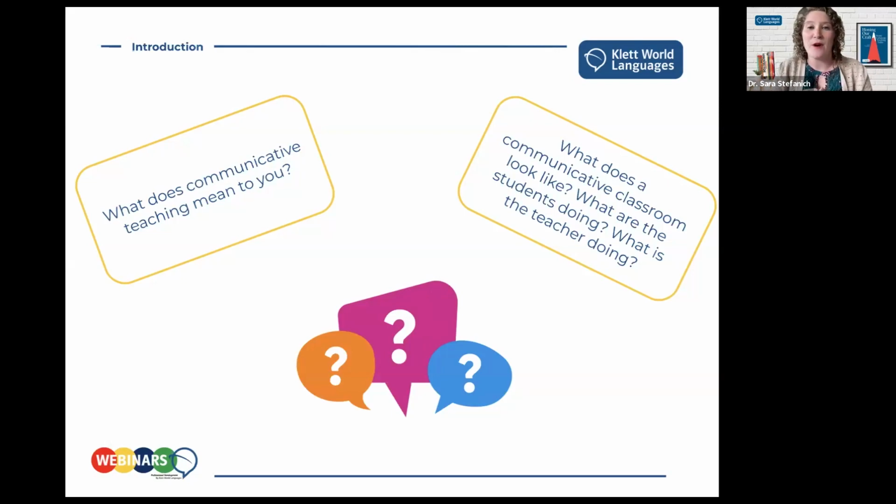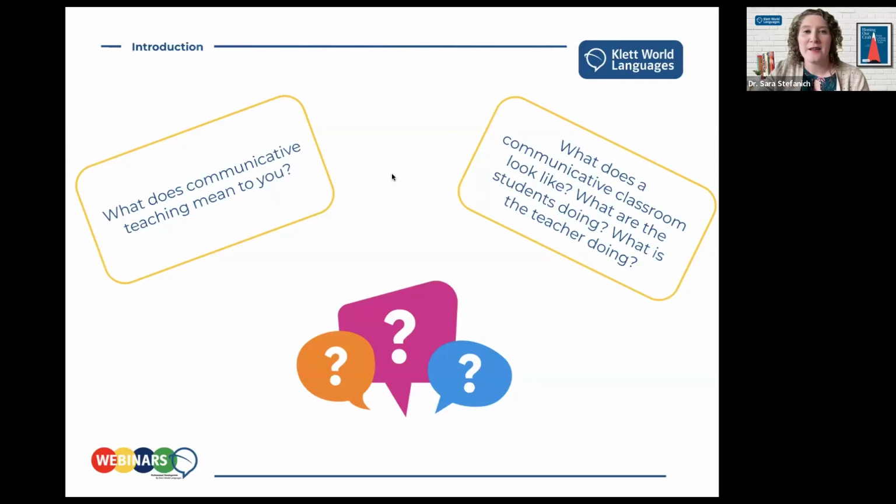The first one is, what does communicative teaching mean to you? And the second one is, what does a communicative classroom look like? What might the teachers be doing in that classroom, and what might the students be doing? I'm going to give us about 60 seconds. Please feel free to put any answers, ideas in the chat.